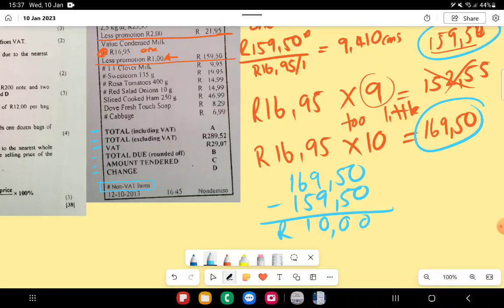Now begs the question, can you connect this 10 rand with these 10 cans? With this 1 rand discount? If it is 1 rand discount for 10 cans, then that means it's going to give me a total of 10 rand discount, which means that in the end, it is 10 cans.